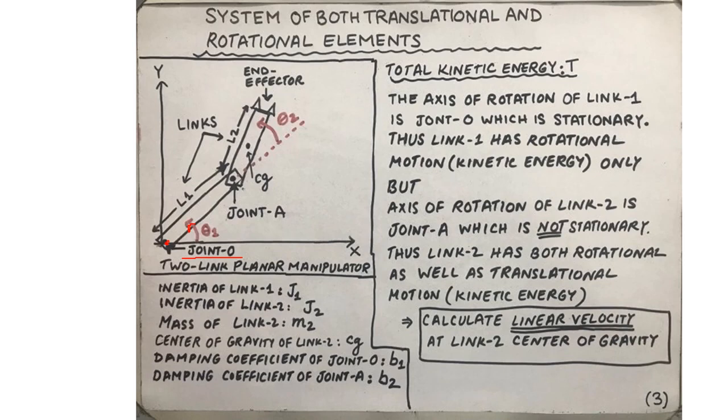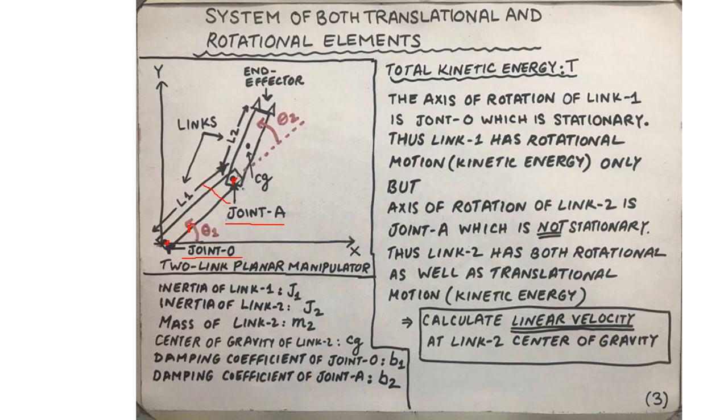However, link 2 is joined to link 1 at joint A, and this point about which link 2 is rotating is not stationary. In fact, it moves as link 1 moves.